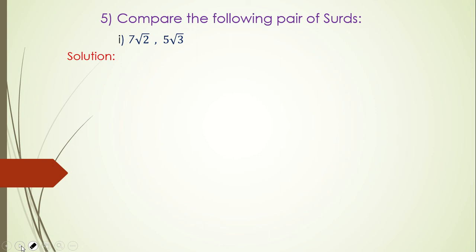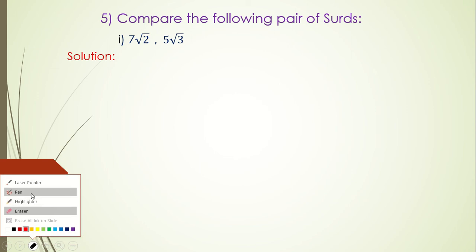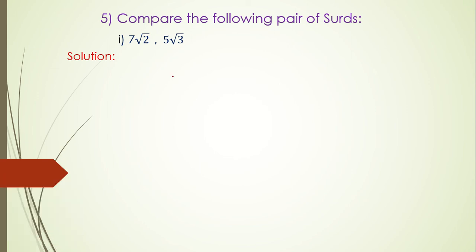So we have to convert it into pure form. These numbers that are outside the radical sign, we have to take it inside. Here the order of both the radicals is the same. If the order was not the same, then you have to make the order the same first, then only you can tell. Now this 7 root 2 is there.